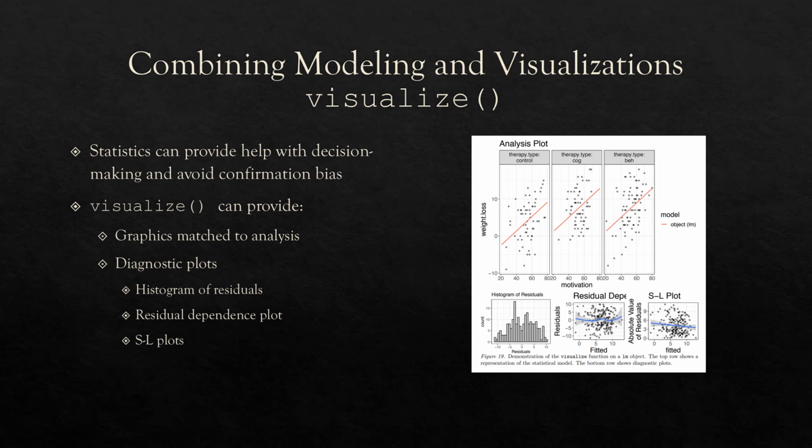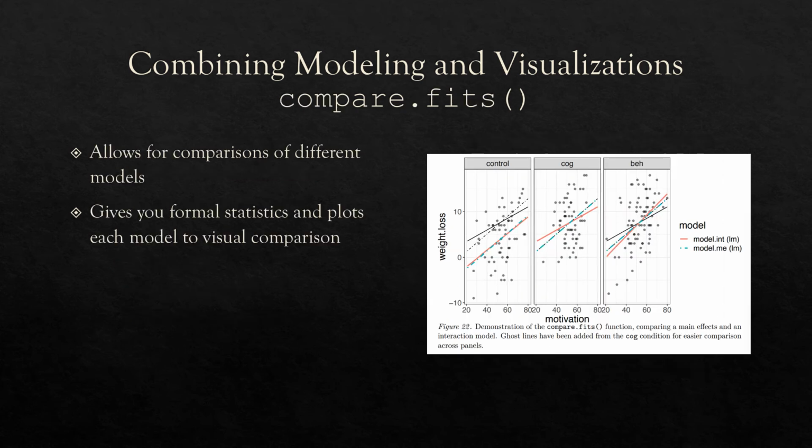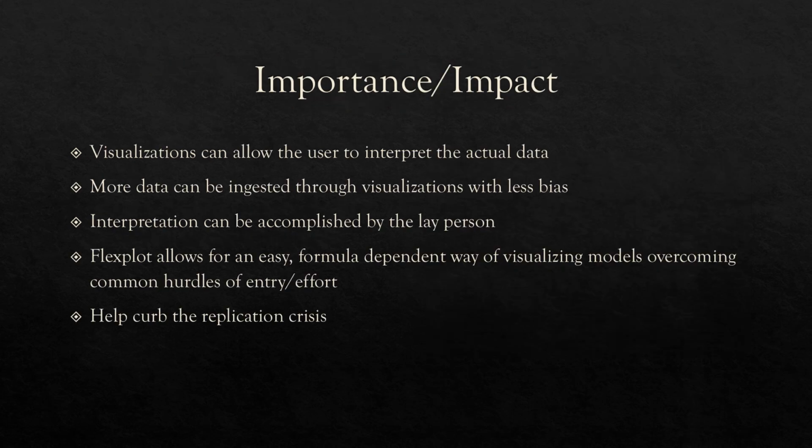One function is visualize, which helps the graphics be matched to the actual analysis and provides various diagnostic plots when used. You can also compare different model fits, helping you to drive your decision of what model most accurately describes the data. Not only can you visualize the data, you can also get the formal statistics of each model.